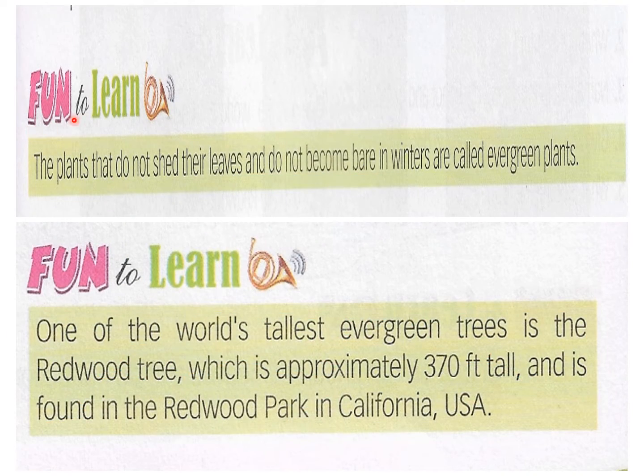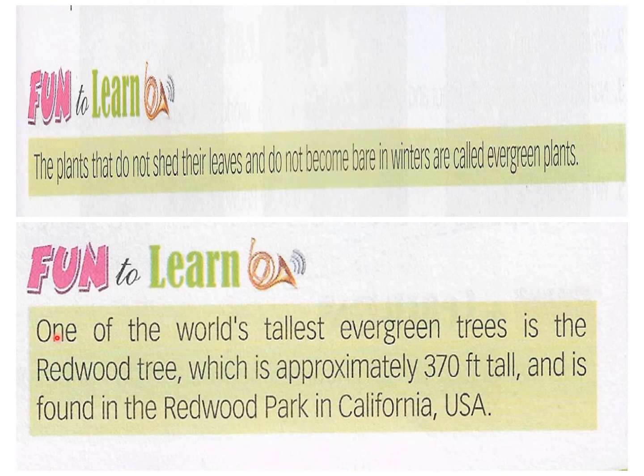Now children, there are two fun to learn given in your book. First one, let's read. The plants that do not shed their leaves and do not become bare, or khali, बेयर मतलब खाली, सारी लीव्स जो है वो गिरा देते हैं जैसे पतझड़ में, in winters are called evergreen plants because they always remain green. That is why they are called evergreen plants.